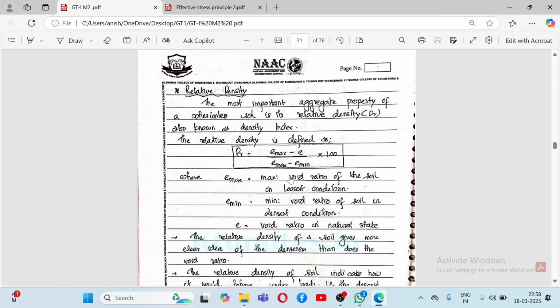It is given by Dr equal to (e max minus e) divided by (e max minus e minimum) into 100. e max is the maximum void ratio of the soil in loosest condition, whereas e minimum is the minimum void ratio of soil in densest condition. e is the void ratio in natural state. You have to remember this equation.